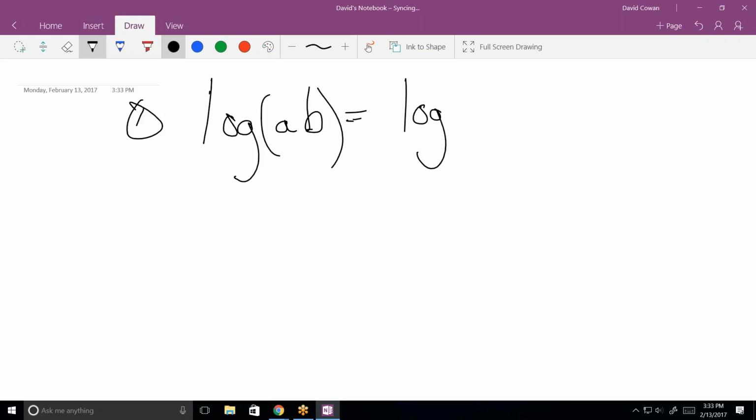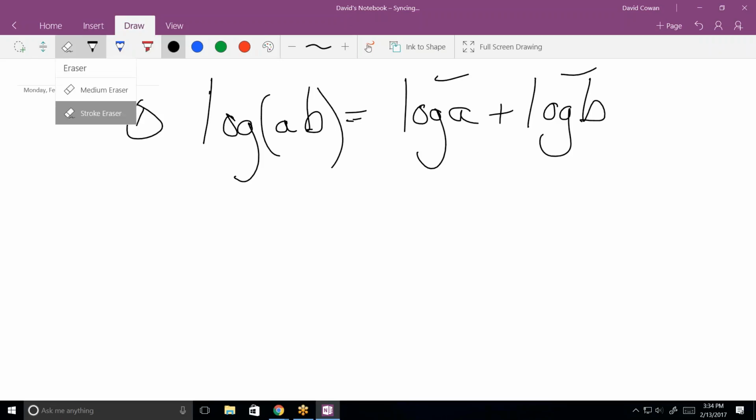The log of a plus the log of b. In other words, it's the same rules as you have with exponents. When you are multiplying inside the argument, then you add the exponents, right? Well, that's an exponent, that's an exponent. So multiplication produces addition.